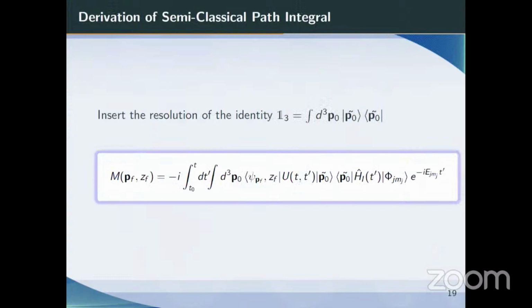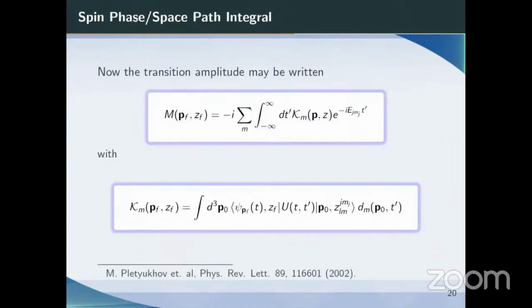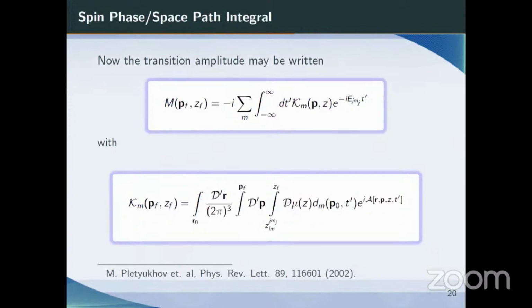And to do that, we need to commute the spin components from this J M_J initial state into here. And we can do that by expanding it with a sum over the magnetic quantum number. And then we can get this Z here. And so now we're in a position to insert a path integral formulation, which we can do here.